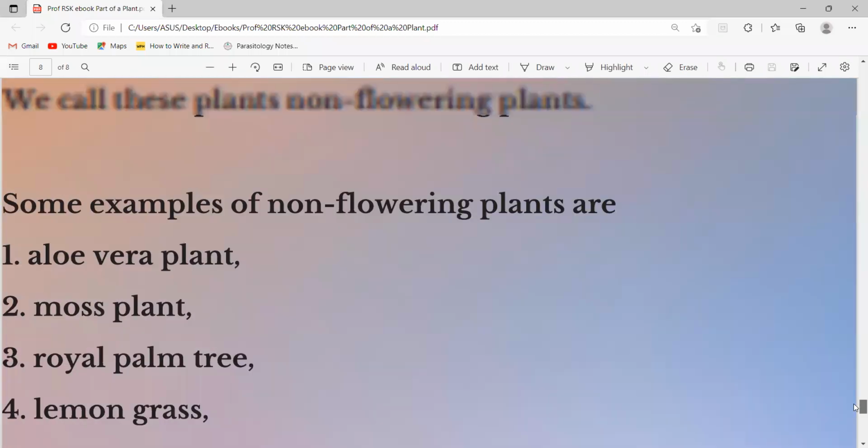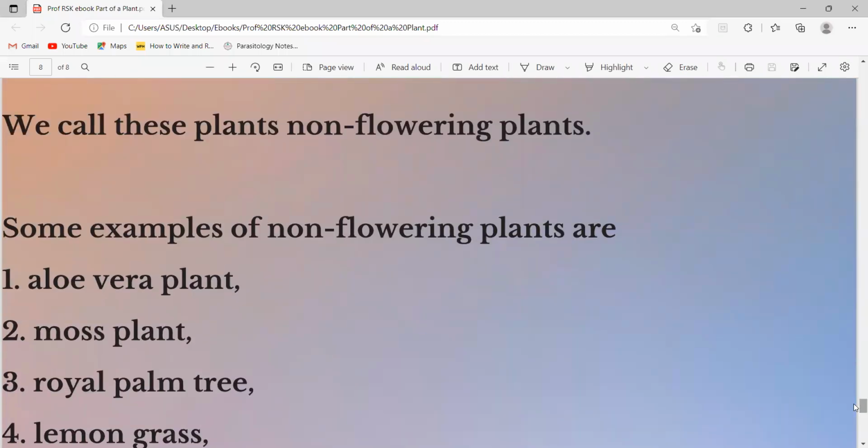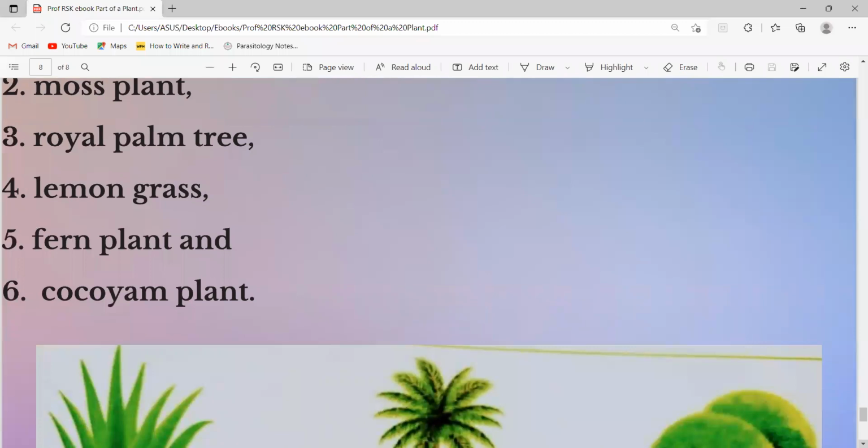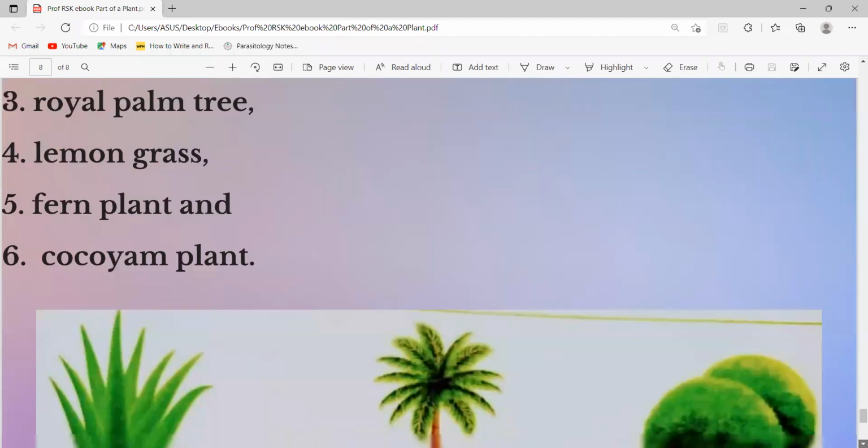Okay. Now, the final part is plants that do not bear flowers. Before we sign out, plants that do not bear flowers. There are some plants that do not bear flowers, and it is true. They are called non-flowering plants. Examples of non-flowering plants include the aloe vera, the moss plant, the royal palm, lemongrass, the fern plant, and then the cocoyam plant.